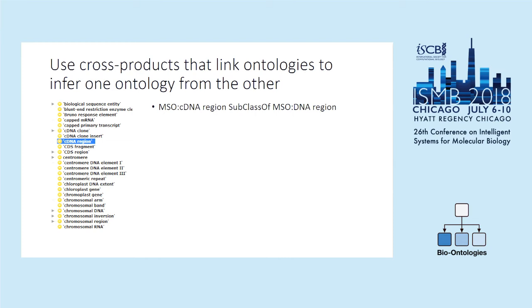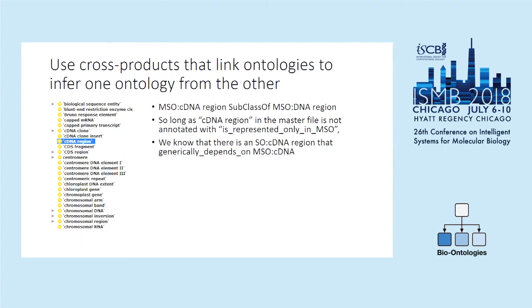So if cDNA region is not annotated with our 'is represented only in MSO' annotation, we know that the cDNA region in the MSO must be the generic bearer of some SO cDNA region. Okay, we're using identical names now for purposes of convenience, but let's play along here.